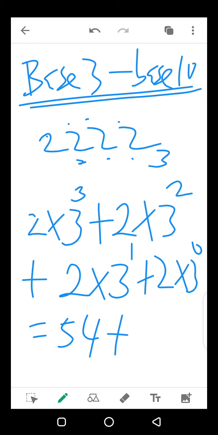Plus 3 raised to power 2 is 9, 9 times 2 is 18, plus 3 raised to power 1 times 2, this is 6, plus 3 raised to power 0, anything raised to power 0 is 1, and then 1 times 2 is 2.